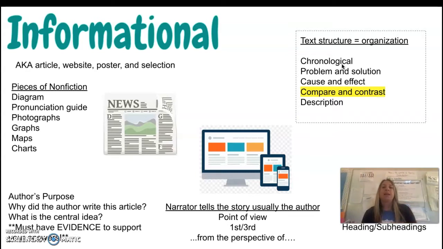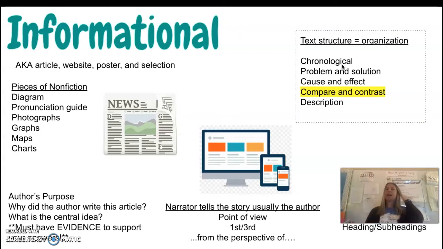And it may say chronological order by telling the timeline of the character. So sometimes they may give us like the timeline of somebody, like they were born and then this happened and then this happened. Sometimes it may be chronological order in that we are making something or the event of something. This happened, then this happened, and this happened. And you're going to see those key words like first, next, last, then.